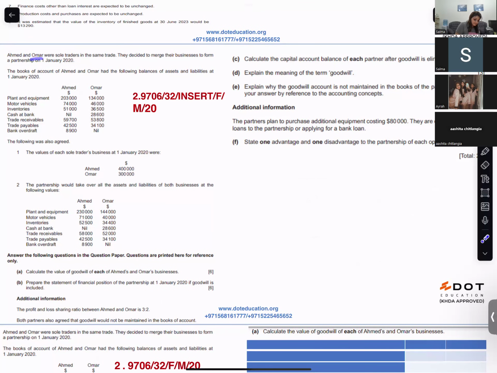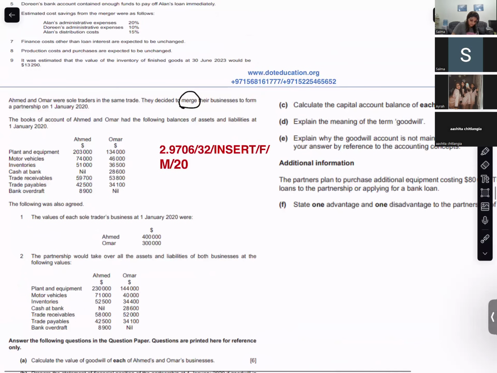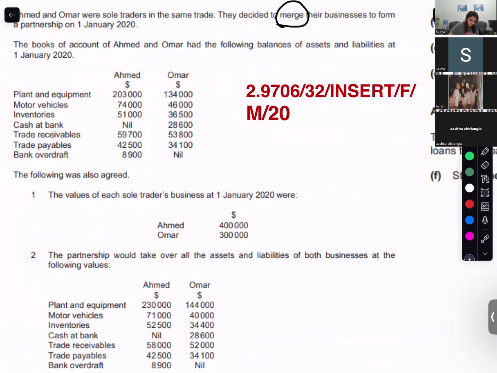Please read. Ahmed and Omar were sole traders in the same trade. They decided to merge their businesses to form a partnership on 1st January 2020. The books of accounts of Ahmed and Omar had the following balances of assets and liabilities at 1st January 2020. So what is this? Plant and equipment.